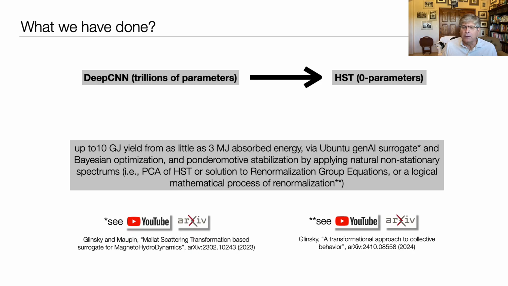The one-to-one correspondence. There are only a limited number of terms that can appear in the Lagrangian, so that there will be a limited library of non-stationary spectrums. And by cross-correlation, as was done by Glinsky and Maupin, to the coupling constants, that one-to-one correspondence can be found.